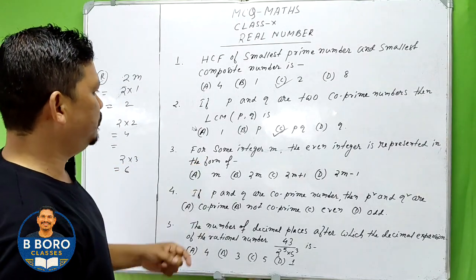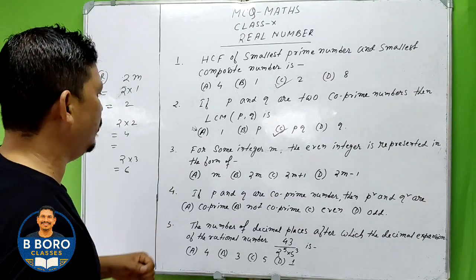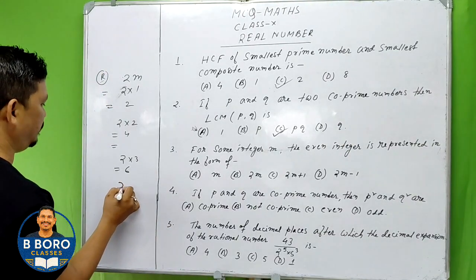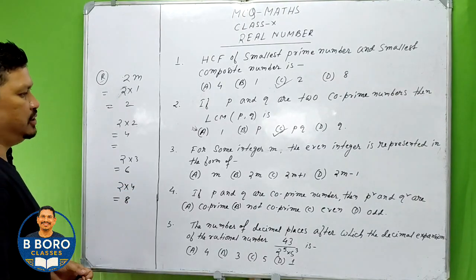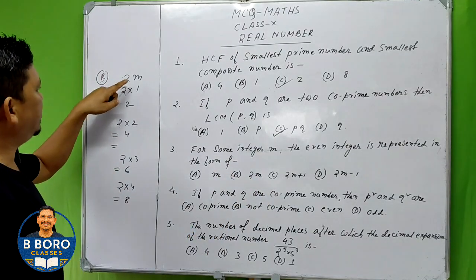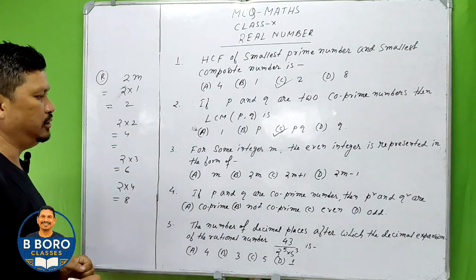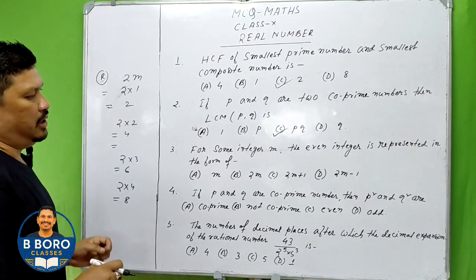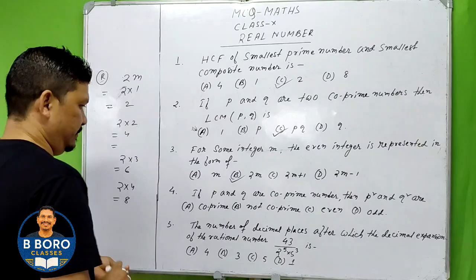Similarly, if m equal to 4, 2 fours are 8. That means the correct option is 2m, because when you substitute different values of m, 1, 2, 3, 4 and so on, we always get an even number. So option B, 2m, is the correct answer.